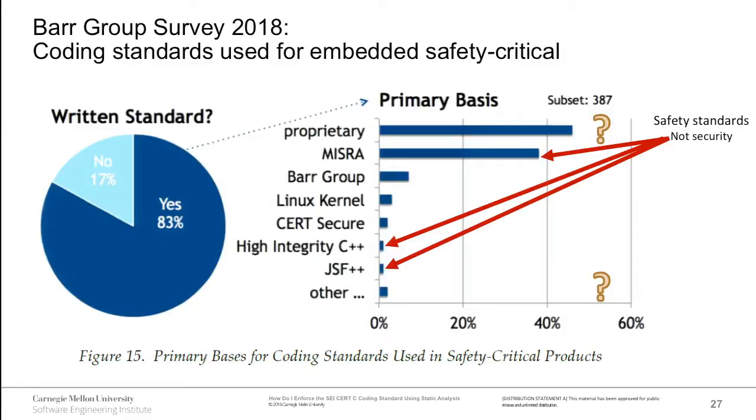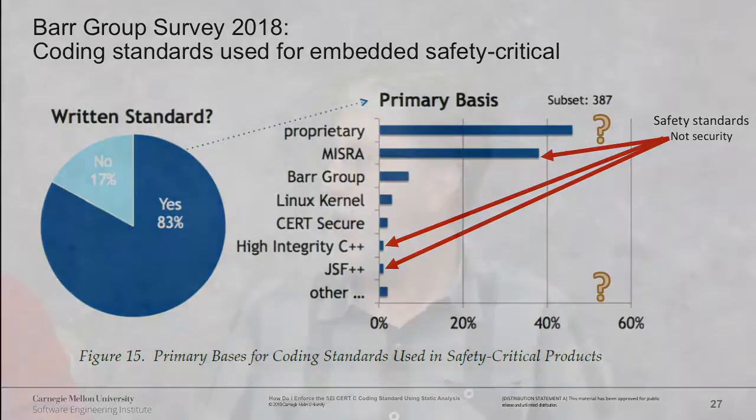MISRA is primarily used in automotive. That's what it was created for, but I do see it in other safety critical places. Right, it's become more popular in the general embedded community as well. Yeah. And there's DISA-STIG for people doing defense industry, and there's a lot of proprietary standards. And that's what's interesting here when we look at this, that there's a whole bunch of these, and their primary answer was a proprietary standard.